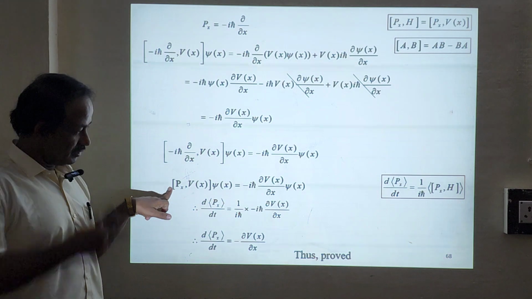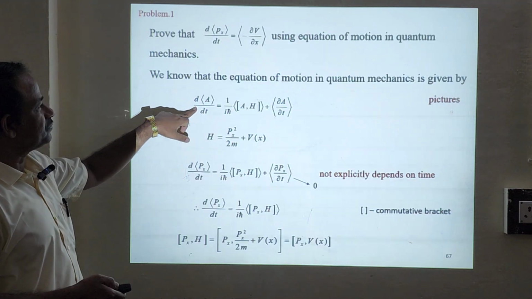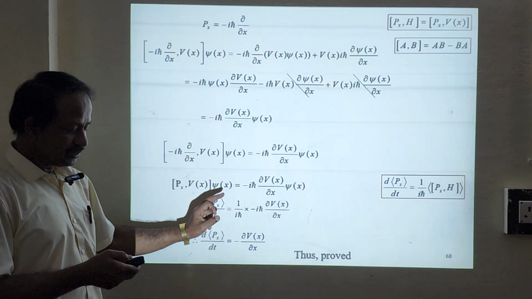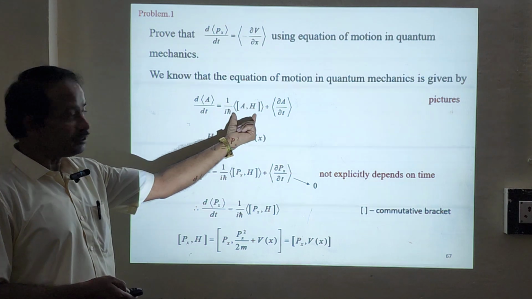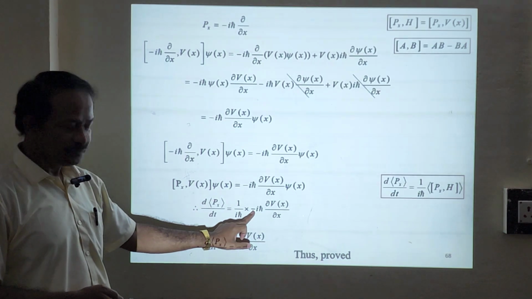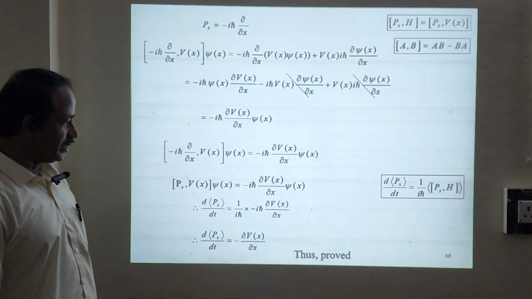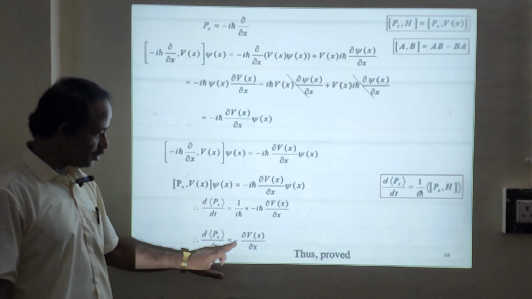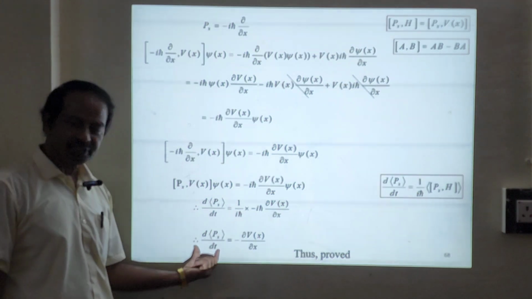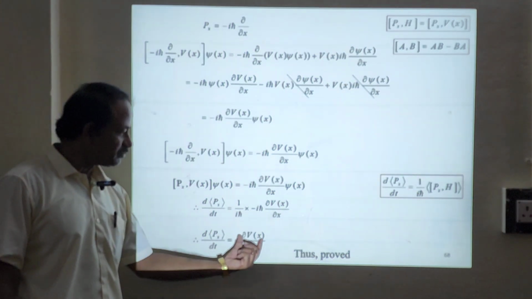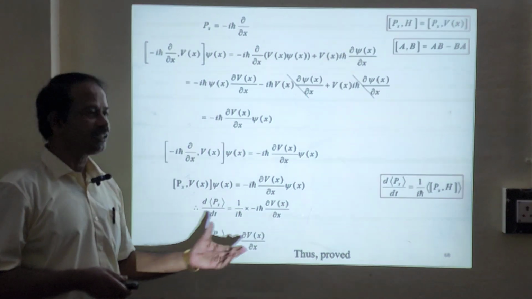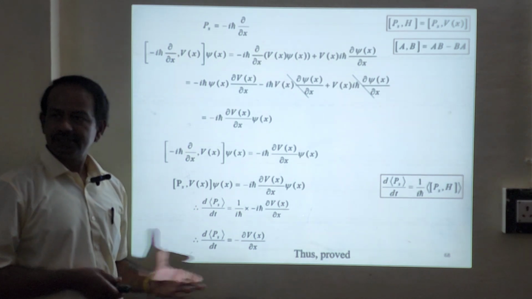This term you know already from the first one, so we can write dpx/dt, which is equal to 1/(iħ), we have found this one, multiplied by minus iħ dV/dx. So iħ and iħ get cancelled, you have minus dV/dx. On this side you have d<px>/dt, the expectation of the momentum, which is nothing but the expectation value of the gradient of the potential energy. So this is proved.